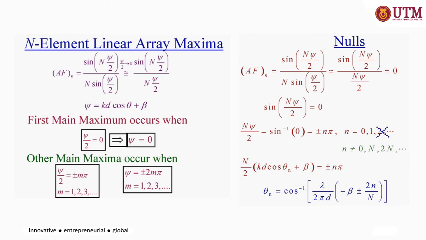For an array, the maximum or main beam occurs when psi equals 0, and the other maxima or secondary lobes may be determined for m factor of 1, 2, 3 and so on.